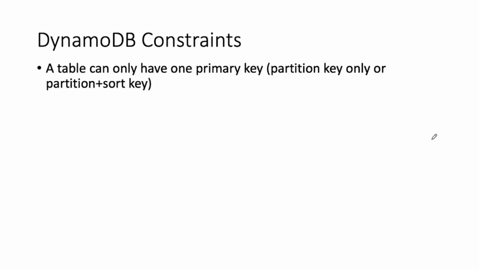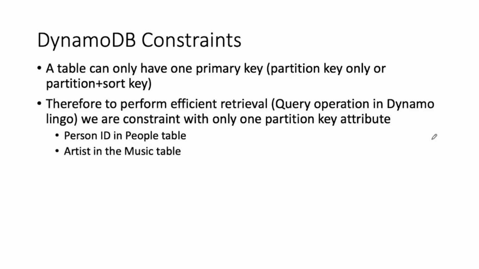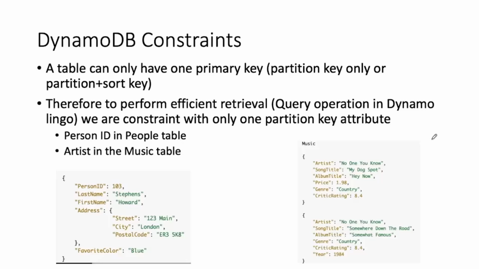But if we want to use any other field, then we would have to do a full table scan, which obviously is very inefficient and costly. So in the two tables that we have seen so far, the person ID in the people table and the artist in the music table, these are the only attributes that can be used to efficiently query data.